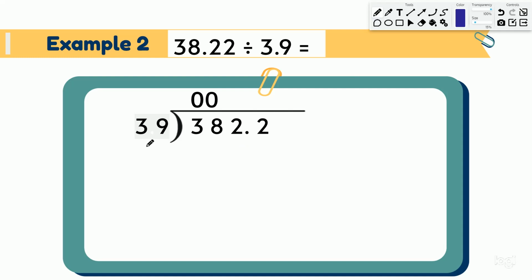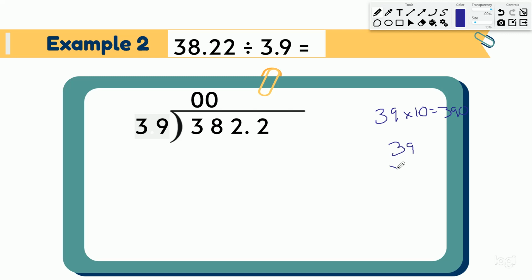And I know 39 times 10 equals 390, which is very, very close. So I'm going to guess that it's going to be 39 times 9. So I need to solve that first.